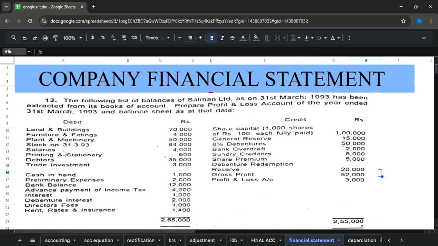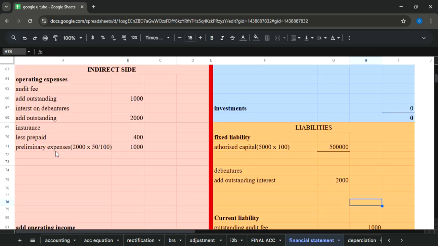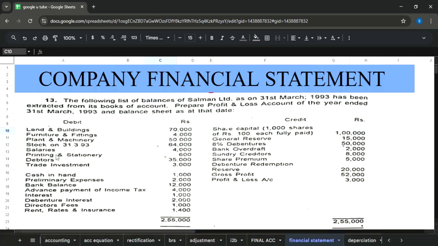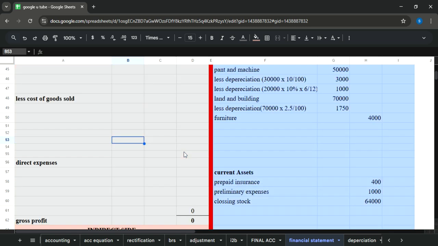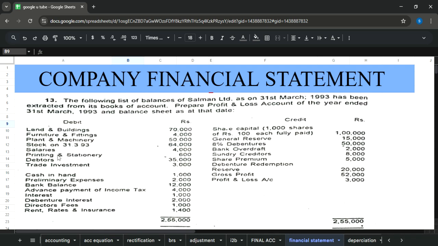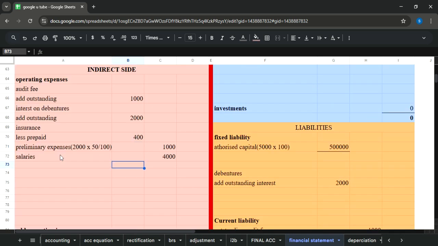Next, salaries. This is your operating expense, salaries, and here we will mention amount of salaries 4,000. Write down 4,000 in operating expense side. After salaries, we have printing and stationery. Again, operating expense, printing and stationery.